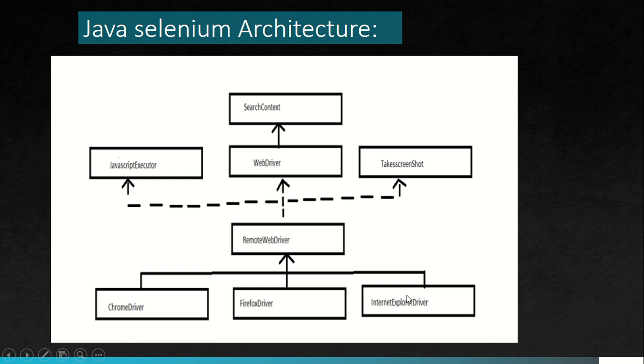Chrome driver, Firefox, and Internet Explorer are classes, while JavaScriptExecutor, WebDriver, and TakesScreenshot are interfaces, and the supermost interface is the SearchContext interface. This is the RemoteWebDriver class. So this is the Selenium architecture.